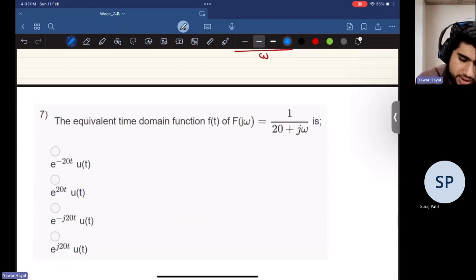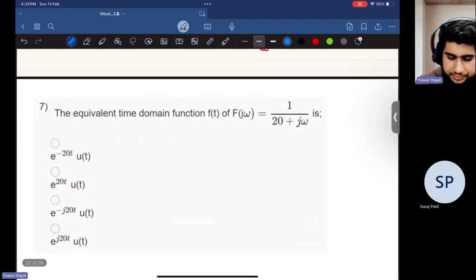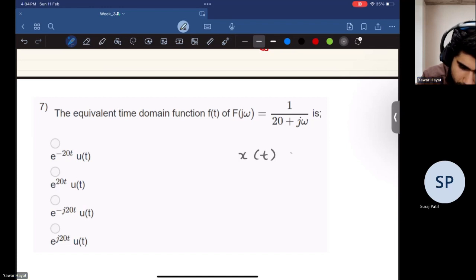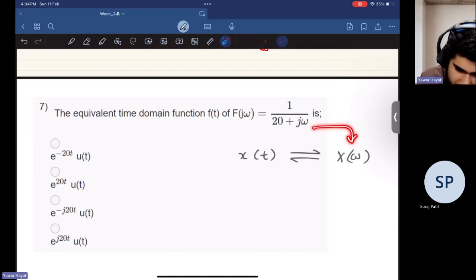Now this one is pretty straightforward. What should be the answer? The equivalent time domain function f of t means the inverse Fourier transform of this frequency domain representation, X of omega.